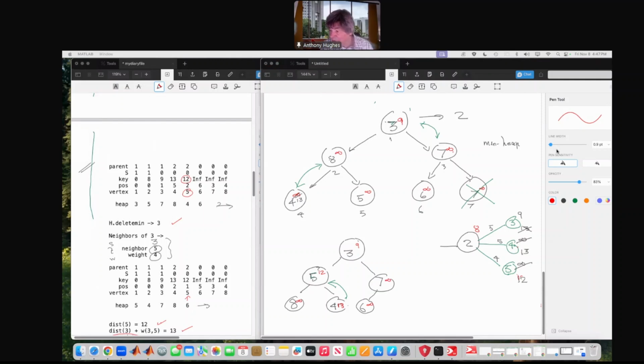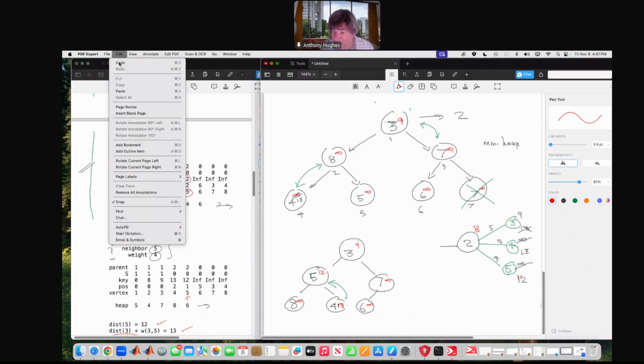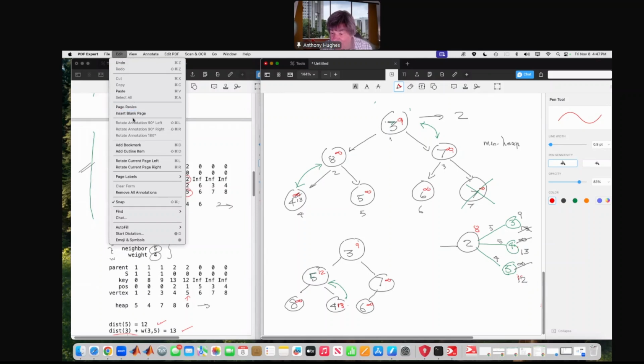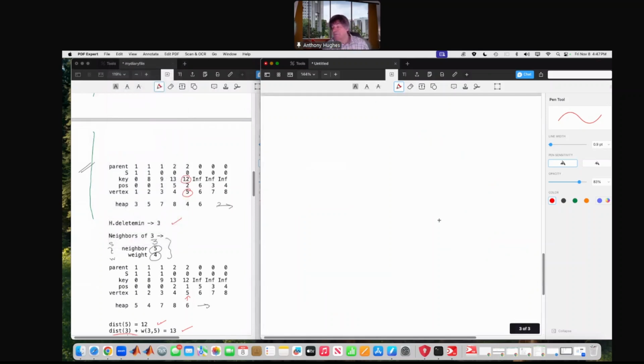Let's bring this down. Edit. Insert new page. New blank page. The idea between the two is, as I said, you've got a spanning tree in both cases.